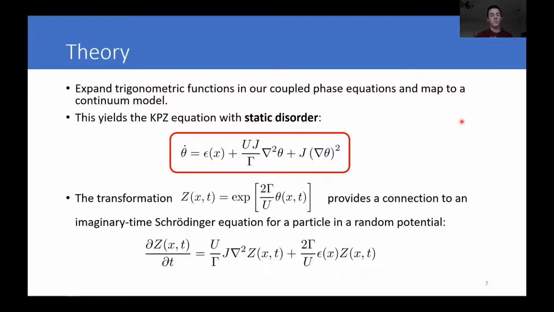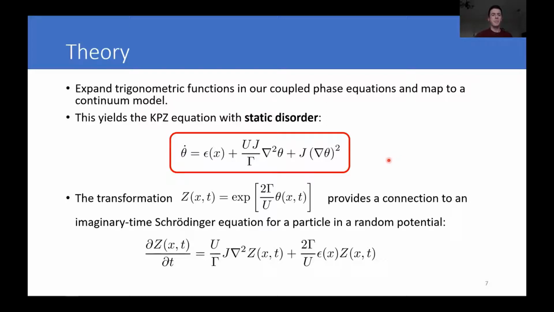Once we expand and linearize these trigonometric terms, we can map this to a continuum model rather than a lattice model, and we end up with something that looks quite like the Kardar-Parisi-Zhang equation. The connection between driven dissipative Gross-Pitaevskii physics and Kardar-Parisi-Zhang physics has been shown before by a number of different groups, I think.